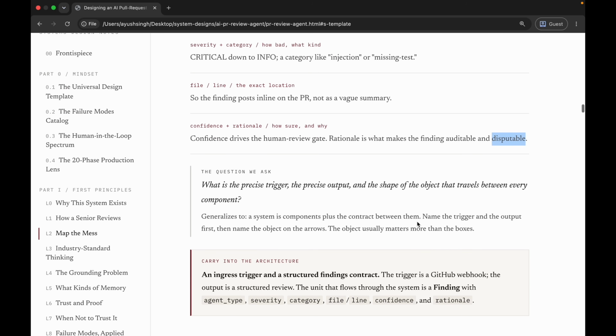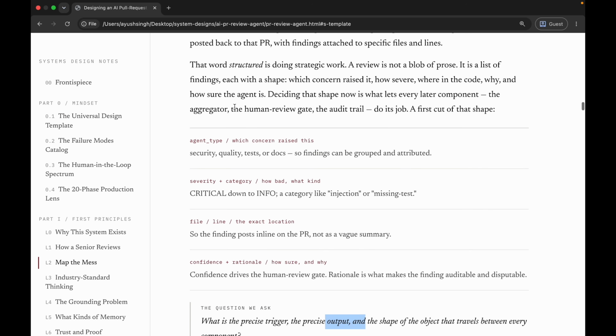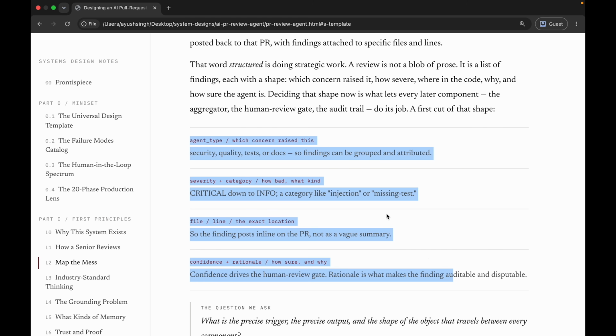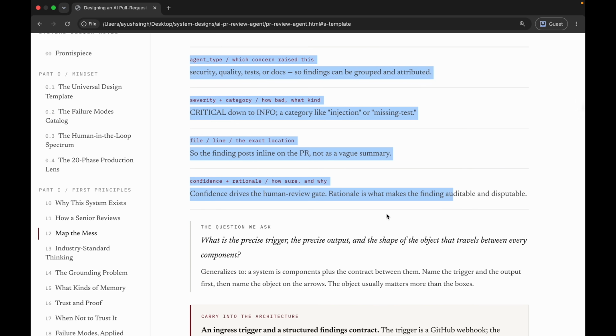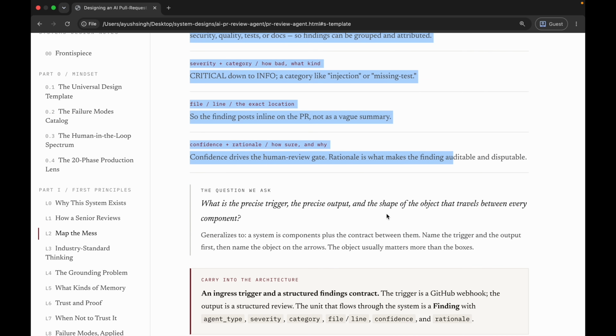So if I generalize what we did here: what is the precise trigger, what is the precise output, and the shape of the object that travels between every component. This is the shape of our output: what the agent type is, how bad it is, the exact location, and how sure and confident it is, and why.